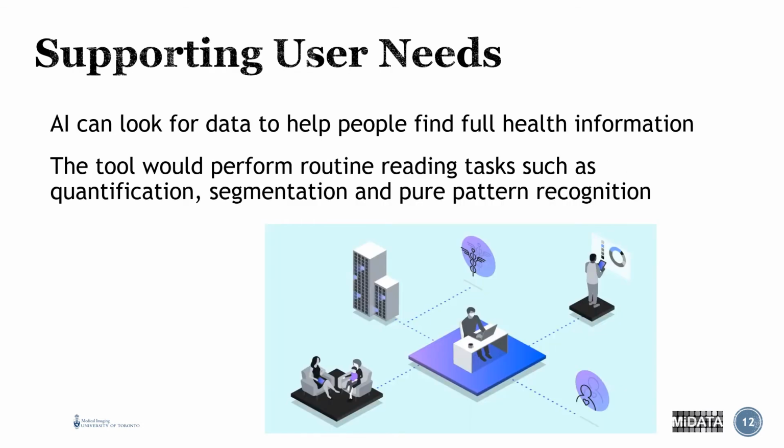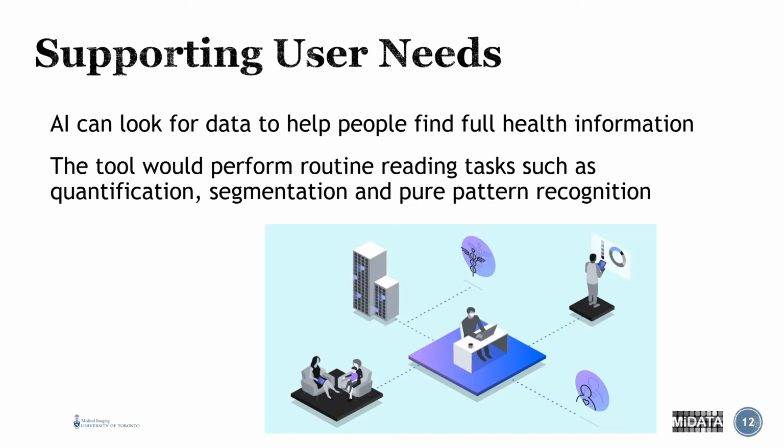So the last characteristic we're going to discuss is the user needs. So supporting user needs. Now, the user, of course, can be many. It can be the healthcare professional, or it could be the patient, for that matter. So AI or AI machine learning can look for data, to help people find full information on the topic of interest.